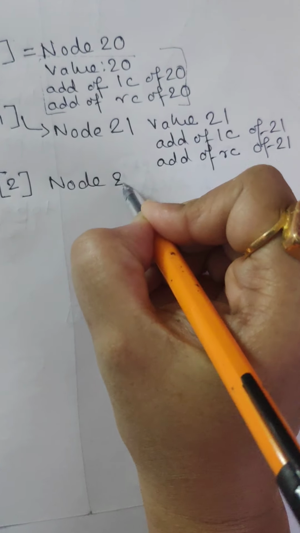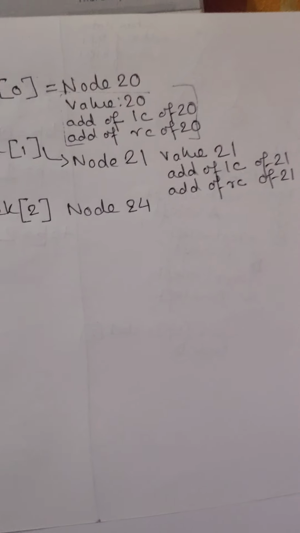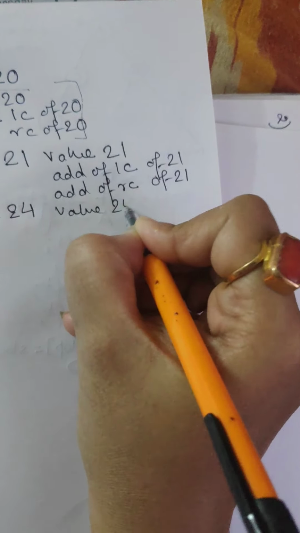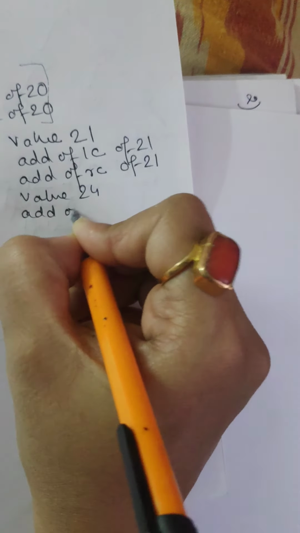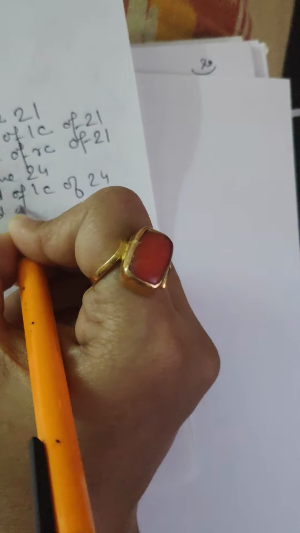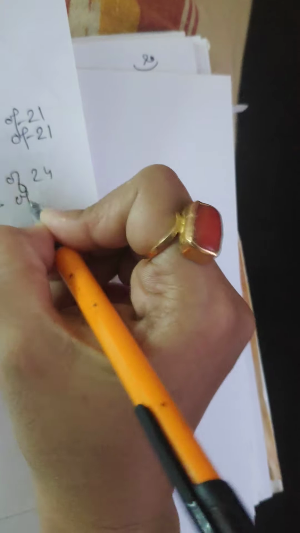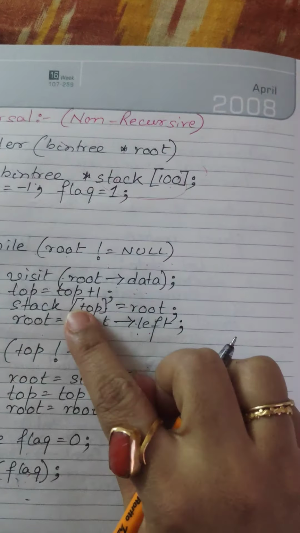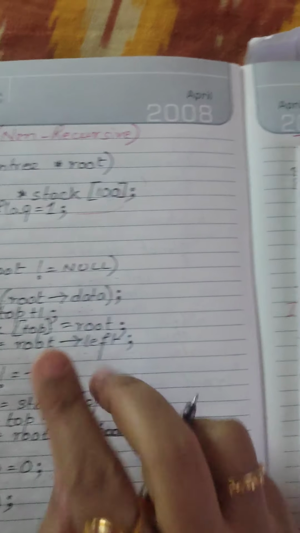Again, storing the node 24 means value 24, address of left child of 24, address of right child of 24. All this information is stored together. Clear? Now, next, root is equals to root left.